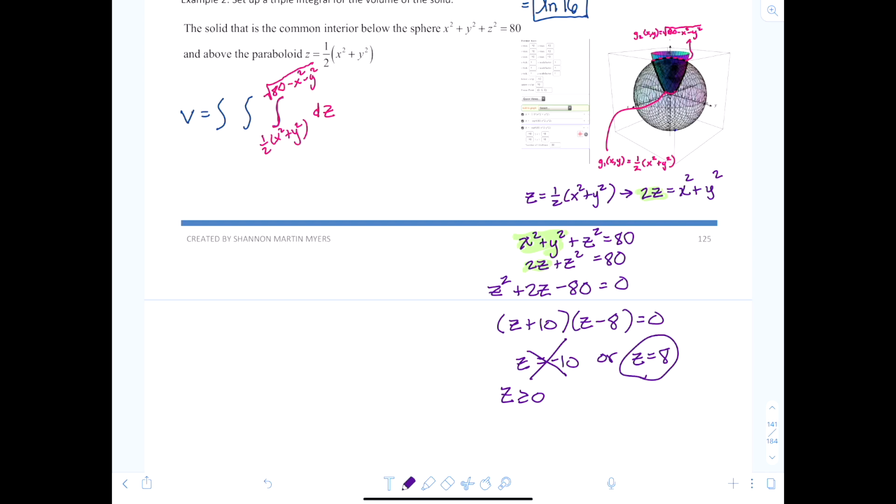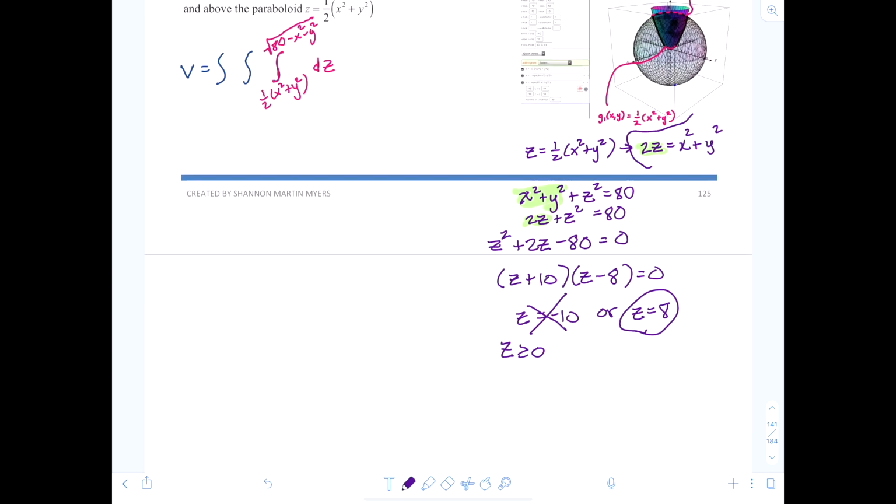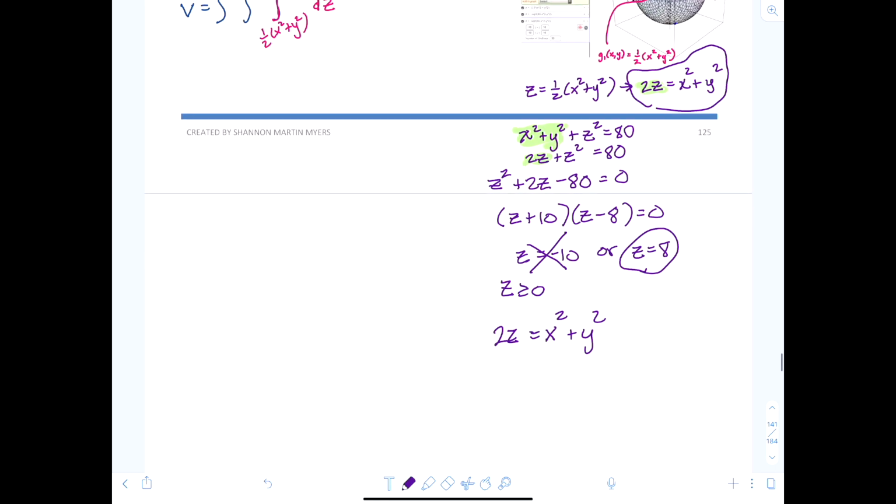Okay, well, coming back to this equation here, 2z is equal to x squared plus y squared. That'll give us 2 times 8 is x squared plus y squared.